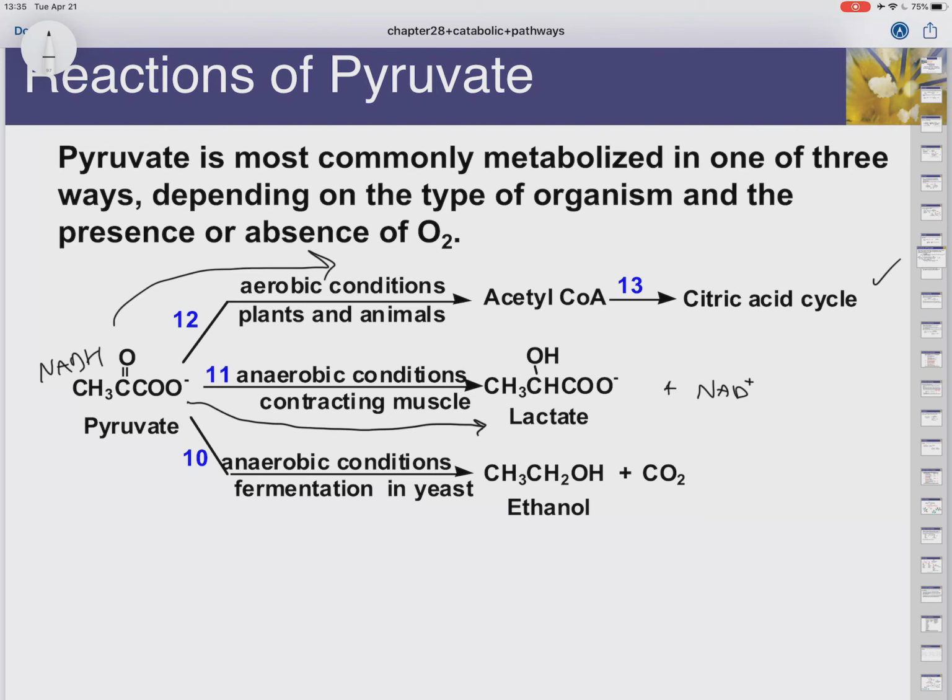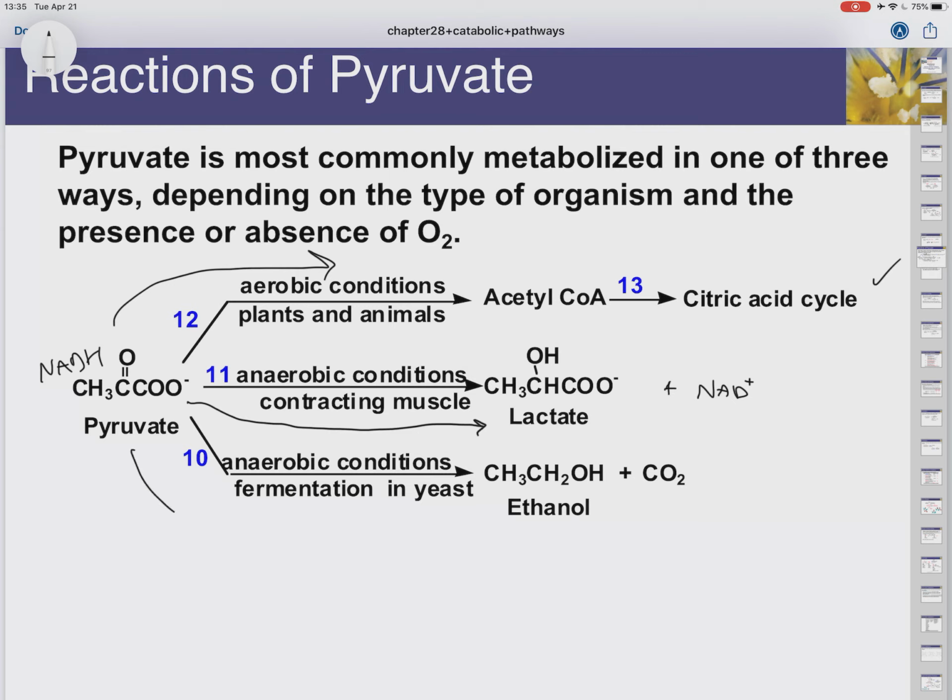Yeast, if it doesn't have any other options, will start to make ethanol. Now, yeast can live in aerobic conditions as well, and that's when they do the normal citric acid cycle. But if they're in anaerobic conditions, like when you're brewing beer or under the dirt or in other weird places, then they actually do fermentation.